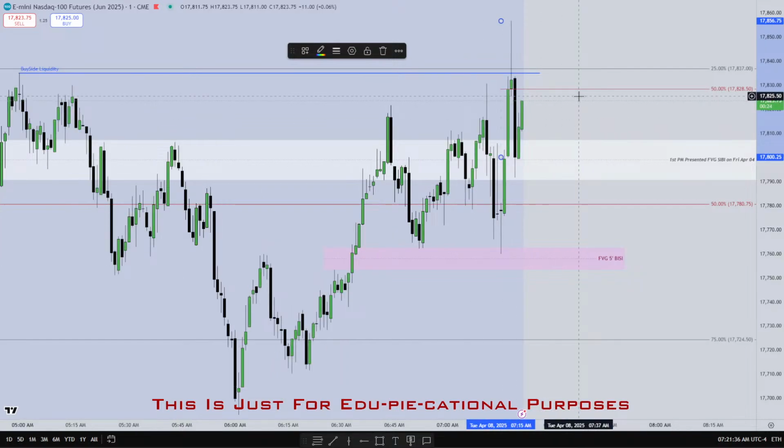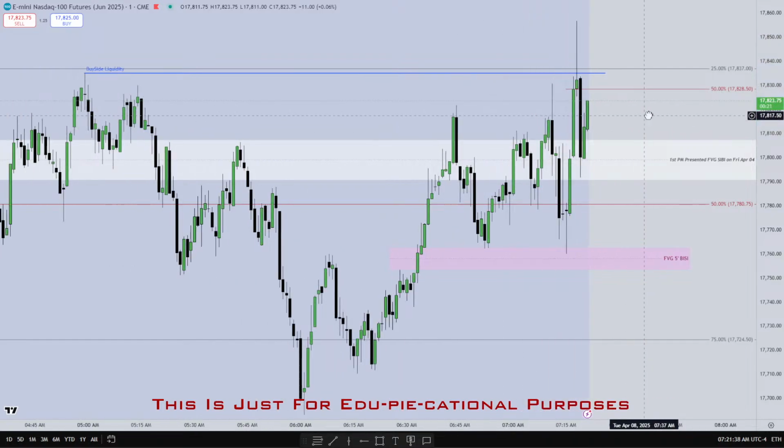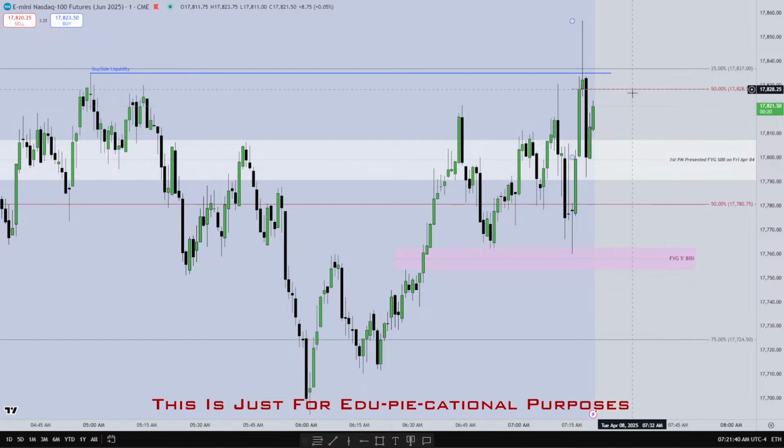This can also be a very nice entry point for going short. As I said, the kind of turtle soup. We need to be patient and not act foolishly.